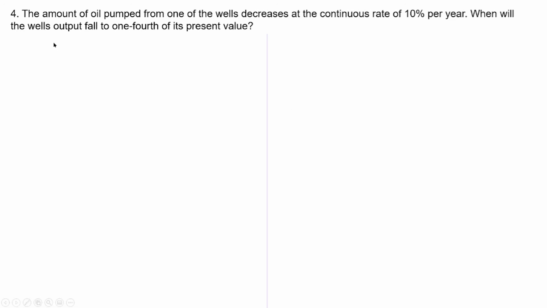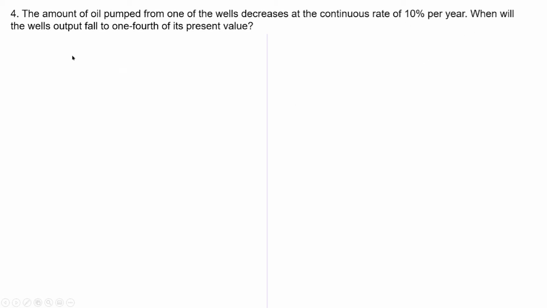Next question. The amount of oil pumped from one of the wells decreases at the continuous rate of 10% per year. When will the well's output fall to 1/4 of its present value? So here it is given the amount of oil pumped decreases at a continuous rate of 10% per year.